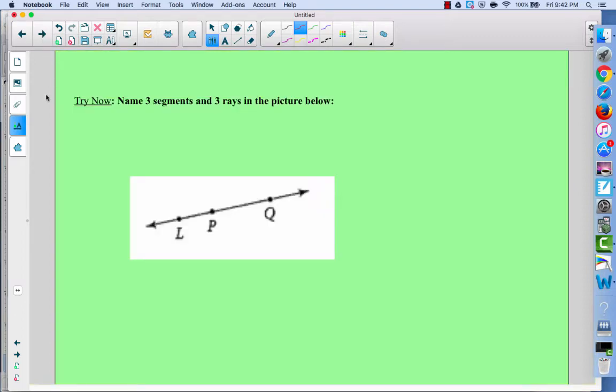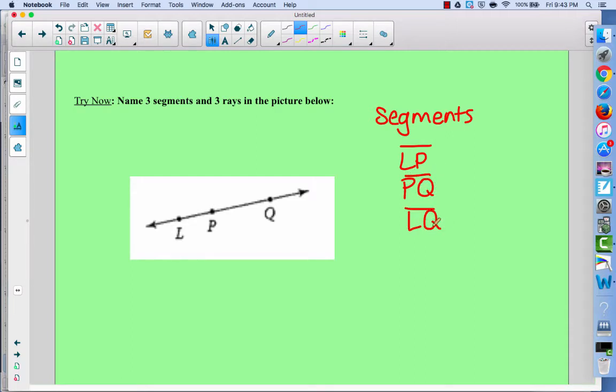All right. So hopefully you're feeling pretty good about points, lines, and planes. So I'm going to ask you to look at this diagram and name 3 segments and 3 rays in the picture. Take a second, do it, and come back and I will tell you the answers. Okay, you're back. So our segments I hope you got were LP using the segment symbol, PQ using the segment symbol, or LQ.